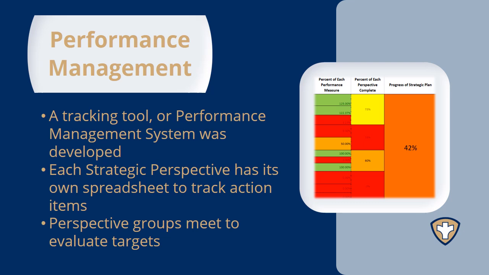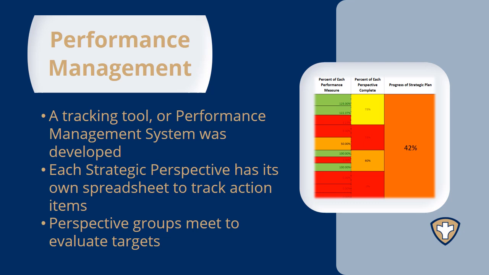There's a screenshot on this slide that shows some of the results that we have by using the performance management tracking system. This is just a good high-level overview of whether or not each area is staying on track. In this strategic plan for our scorecard, each strategic perspective has its own spreadsheet where they can track specific action items outlined in the strategic plan.